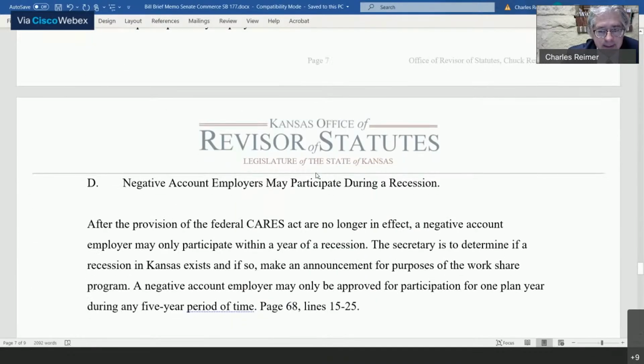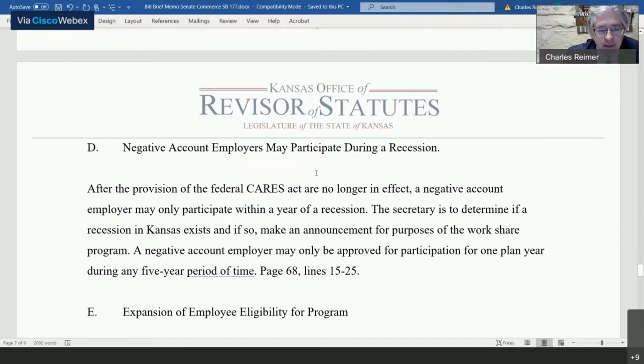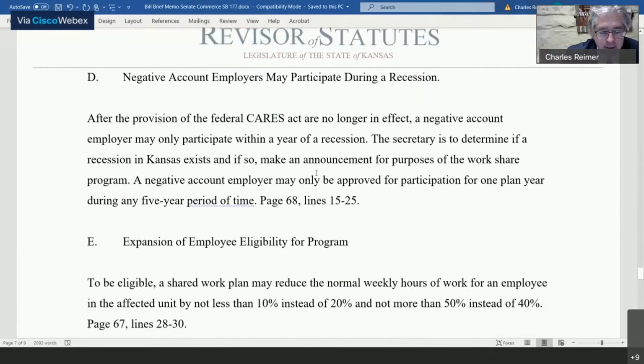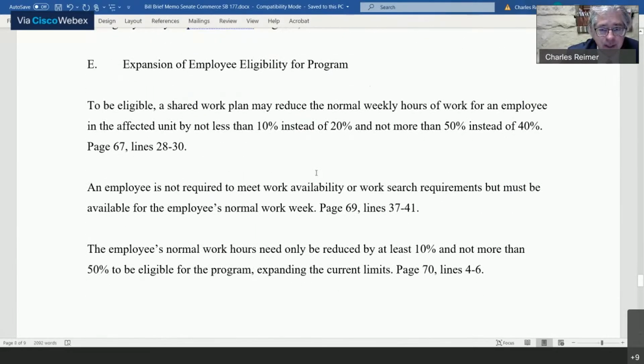There's a provision that negative account employers may participate during recession. The secretary determines if a recession exists, and then the negative account employer may be approved for one plan year during any 5-year period of time. There's an expansion of eligibility for the program. The limits with respect to reduction of weekly hours are increased.